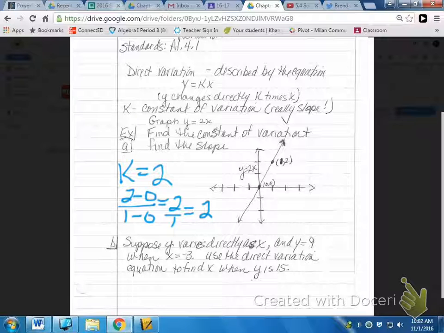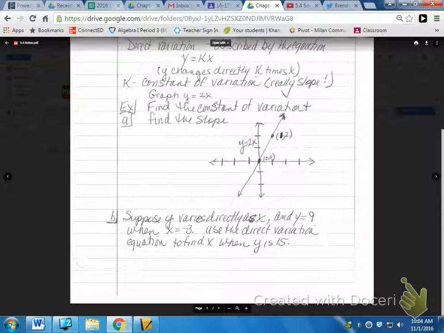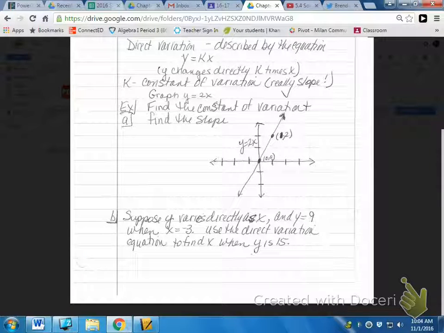So next, let's look at something else. This time, they're giving us some information, and it says, suppose y varies directly as x. So in other words, we're doing the same thing. And y is 9 when x is negative 3.